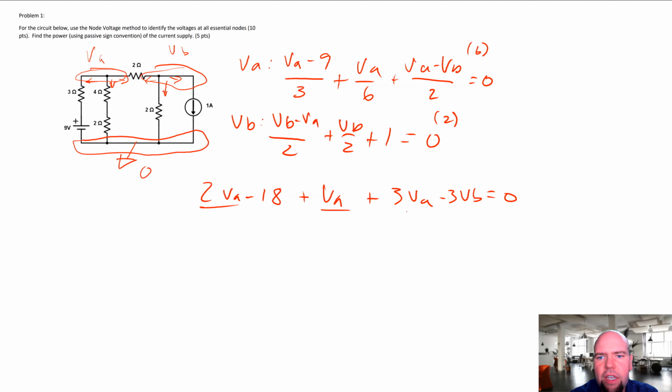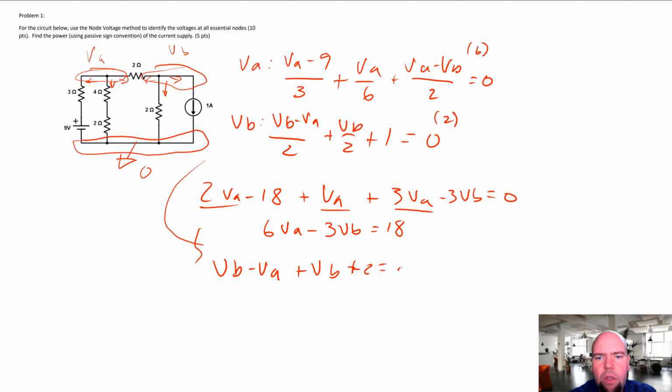I got 3 VA plus 2 VA, so 6 VA minus 3 VB equals 18. Cleaning up equation 2 now by multiplying by 2. We got VB minus VA plus VB plus 2 equals 0. So that's going to be 2 VB minus VA equals negative 2.